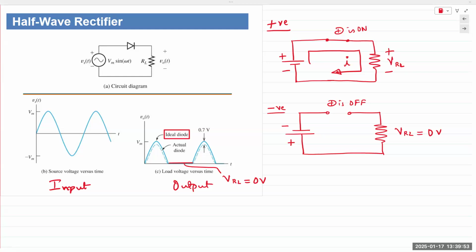Now, if I wanted to accurately predict what the output voltage would be, then I would plug in a different diode model. So in this case, if I plugged in an offset diode model, then it would need 0.7 volts to turn on. And so my output would be reduced by 0.7 volts.